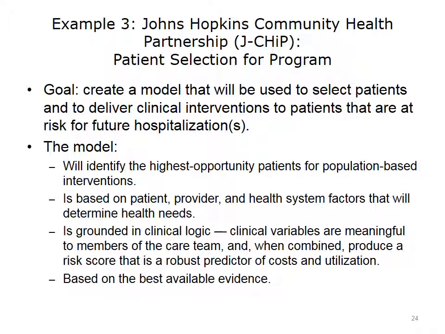Again, their model utilized the same 4 criteria as in the previous example. They wanted to identify the highest opportunity patients. They wanted to base their model on factors that they knew would help determine healthcare needs. It was clinically logical to the members of their team, and it was based on the best available evidence.